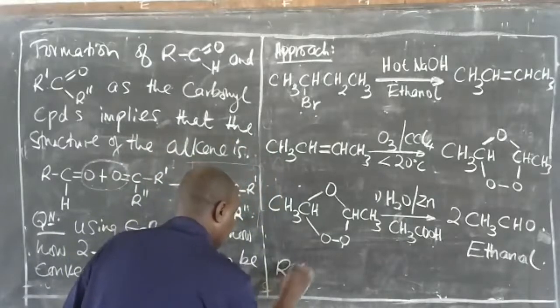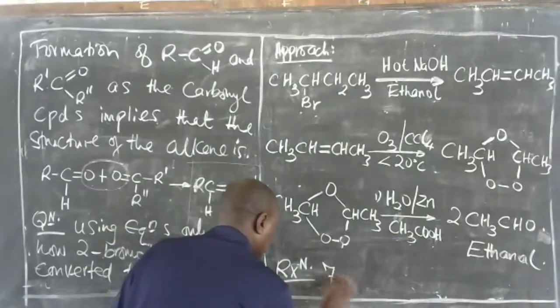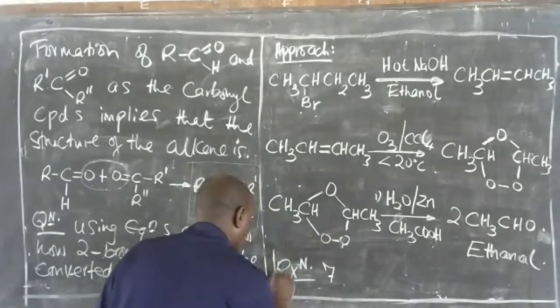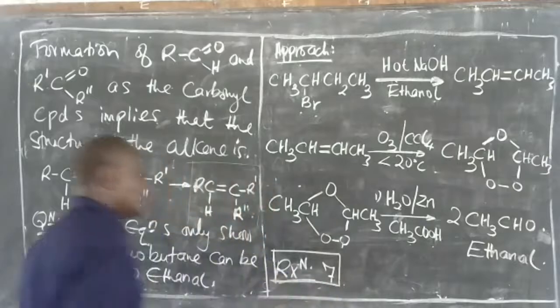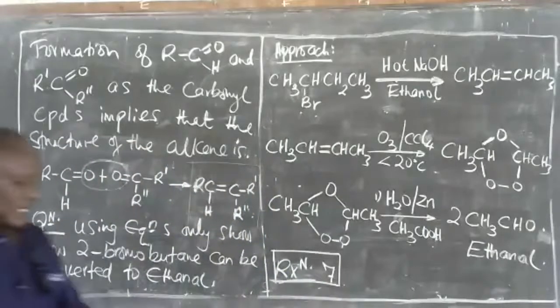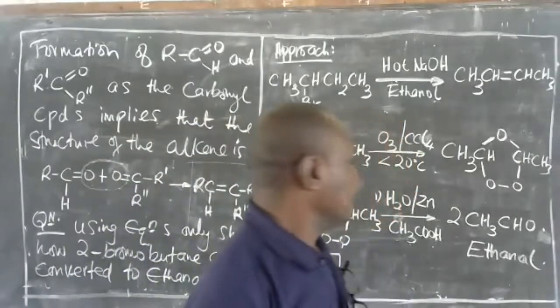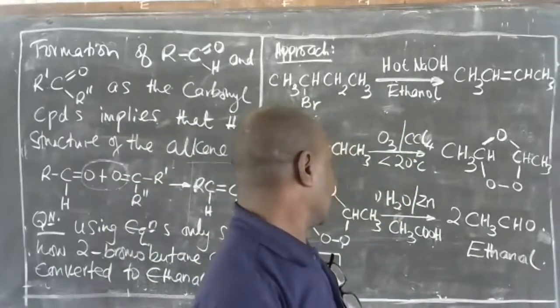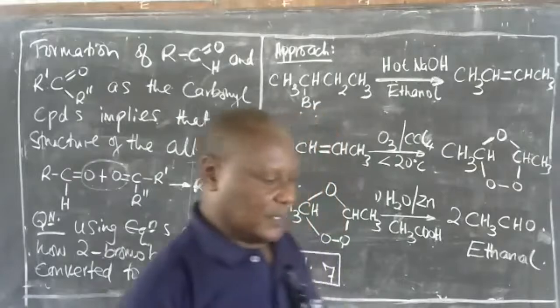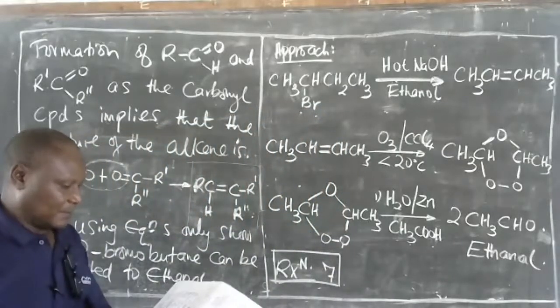So we're left with two reactions after reaction 7. That's reaction with oxygen, reaction with bromine water, then we shall look at polymerization.